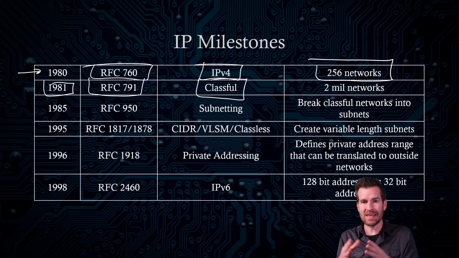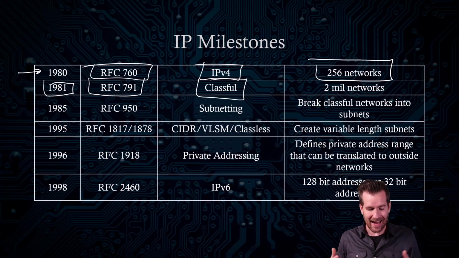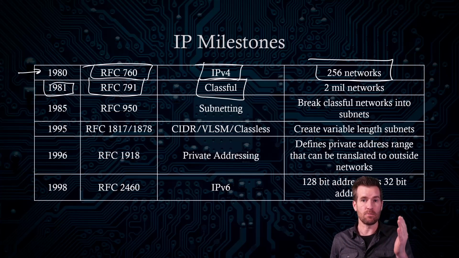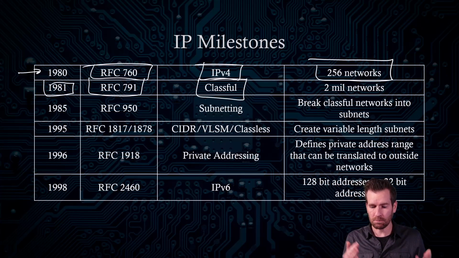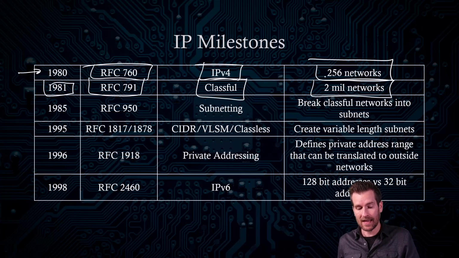Class B had a lot more networks, but not quite as many hosts. And then class C had a lot of networks, and not very many hosts per network. And so we ended up expanding this to quite a bit past 2 million networks at that point in time.